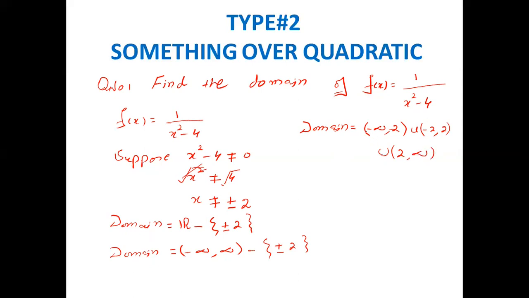So these round brackets show that minus infinity and minus 2 are not included. In the same way, minus 2 and plus 2 are not included. And in the same way, 2 and plus infinity are not included. The remaining numbers are part of your domain.